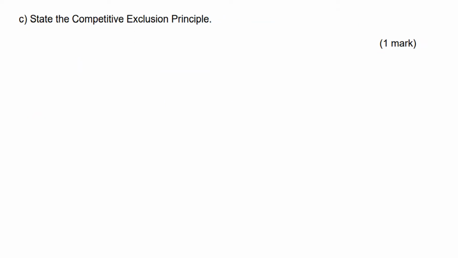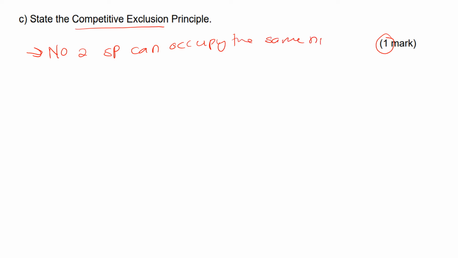Question C. State the competitive exclusion principle. Basically, this is a question that involves giving a definition, worth 1 mark. Competitive exclusion means no two species can occupy the same niche in the same habitat at the same time.